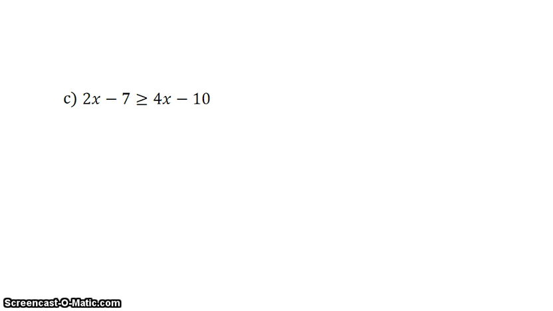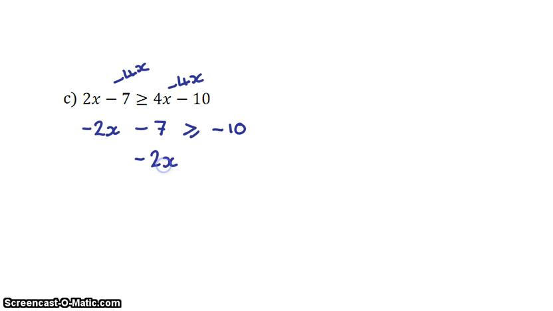Next one is two-sided, which means it's very similar to a linear equation, which means I need to get x's to one side and numbers to the other side. So I'm minus 4x from both sides. So I'm minus 4x on that side and I'm minus 4x on that side, which means I get negative 2x minus 7 is greater than or equal to negative 10.